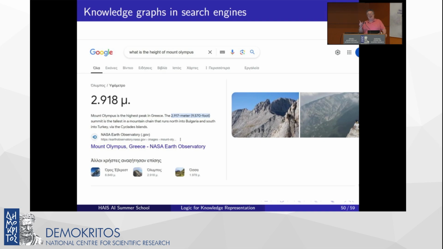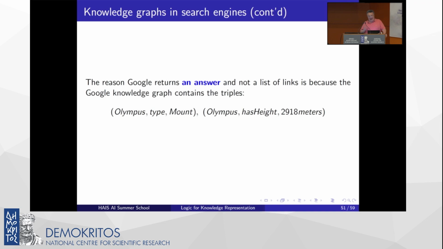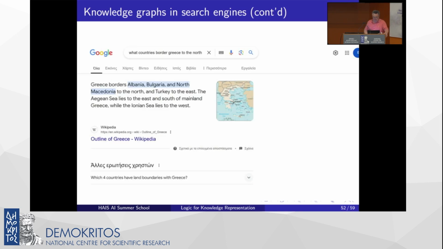And you would click a link and find the height of Olympus. Now it returns an answer. And the reason it returns an answer is because in the knowledge graph you have these triples. You have that Olympus is a mount, and Olympus has height, this number. Okay?